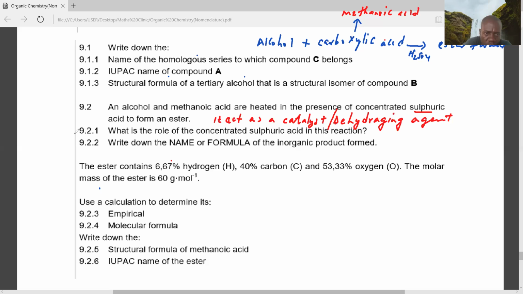Now, the second one says, write down the name or the formula of the inorganic product that will be formed. Remember, an ester is an organic compound.